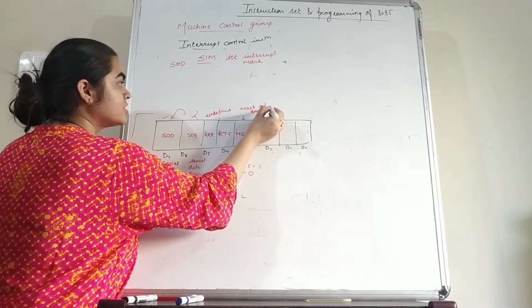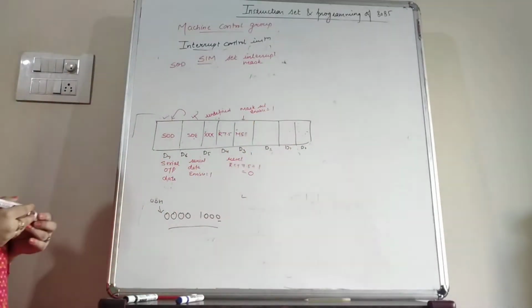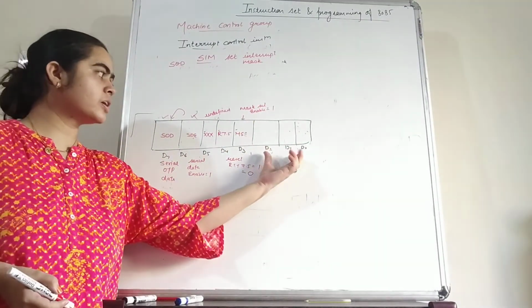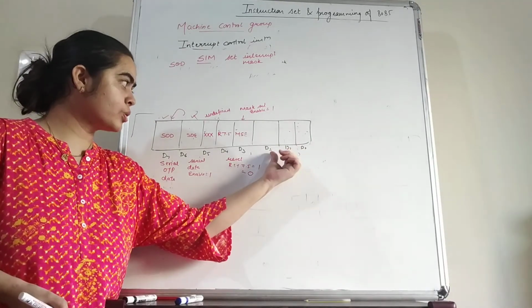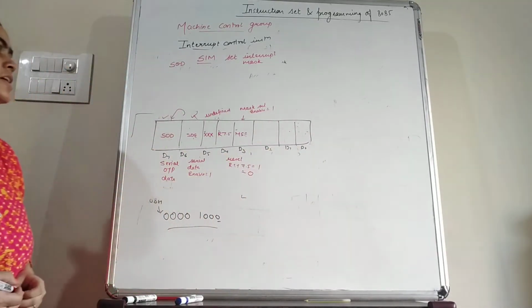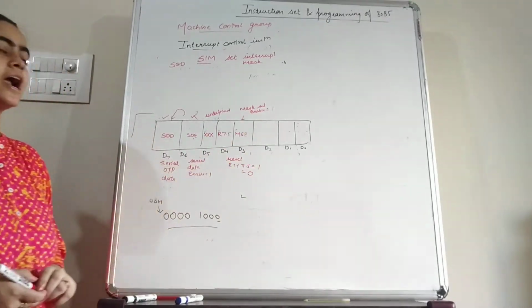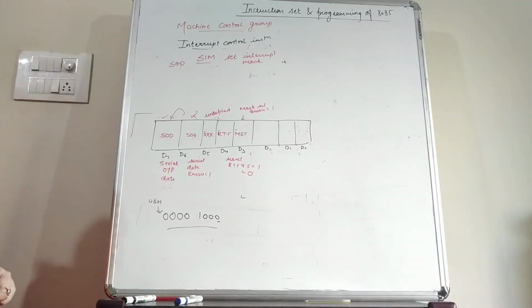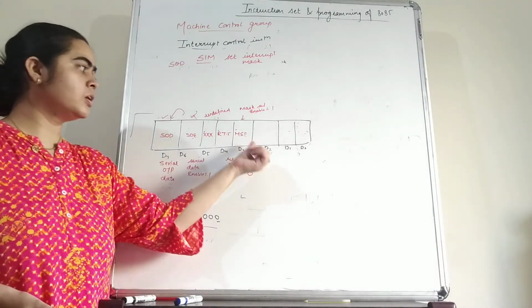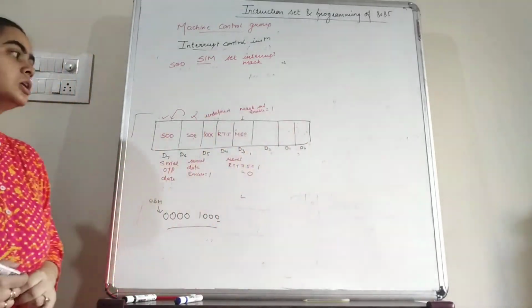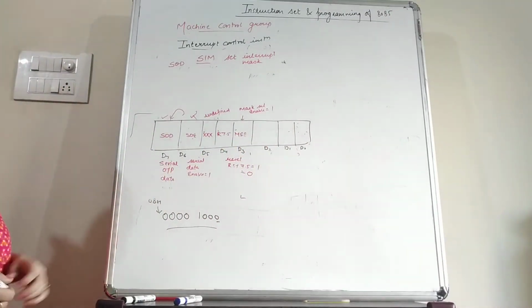If this value is equal to high, that means all the interrupts present at locations D2, D1 and D0 will be maskable, and if this is equal to 0, that means it will be non-maskable. So this bit will work for all the three bits.